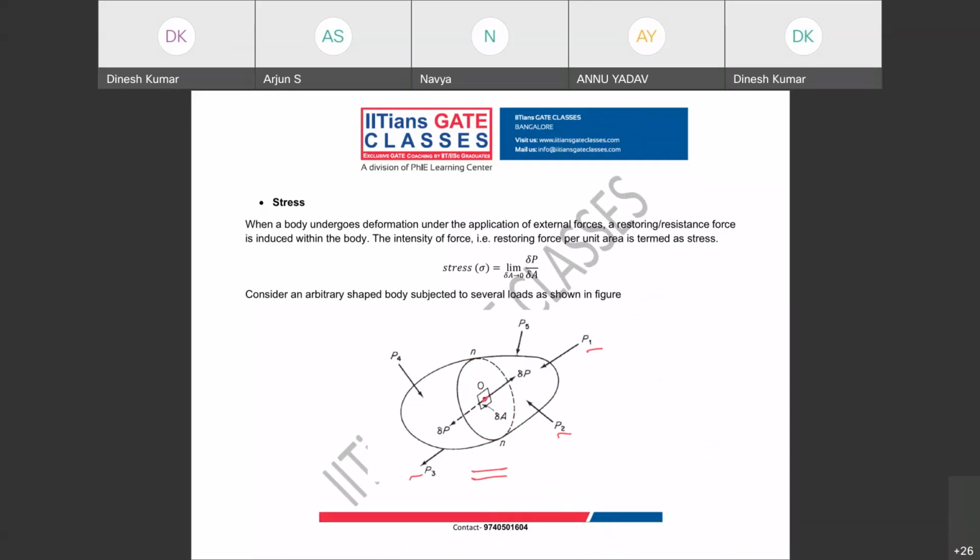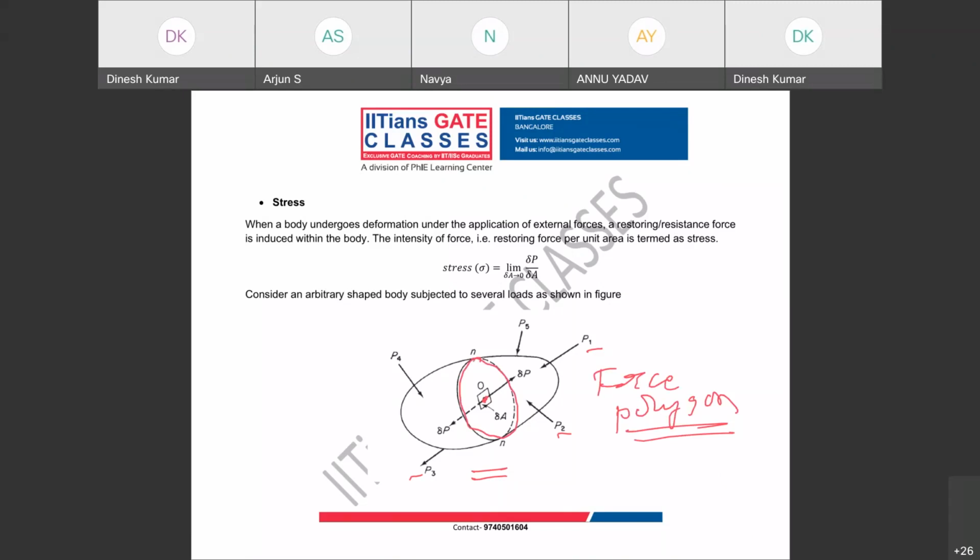To find this stress, what do you need to do? First you need to find the resultant force at this point. To find this resultant force, you need to draw a force polygon. And to draw the force polygon, I need to cut this body by a plane.